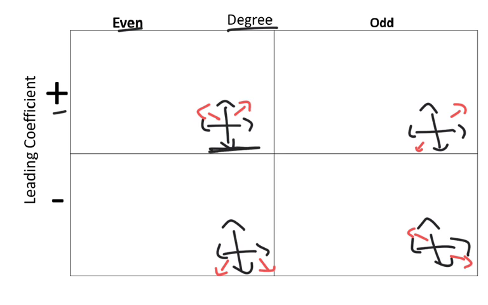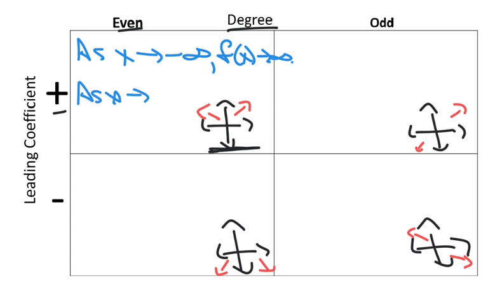And to describe the end behavior, we're going to write this as x approaches negative infinity, we're going to say f of x approaches infinity. And we're going to say as x approaches positive infinity, then f of x approaches positive infinity.